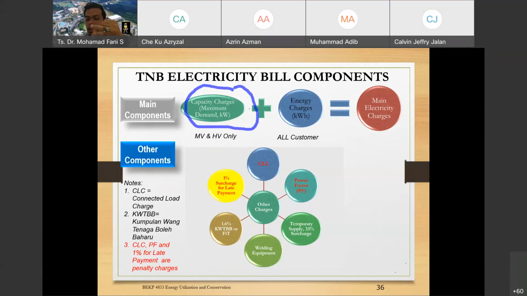From there, TNB will record the maximum demand, the peak over 30 minutes in one month. This will be charged based on a specific tariff price, reflecting the type of consumer, for example, commercial, industrial, agriculture, mining, etc. So this will be the main electricity charge, including kilowatt hour at several rates of price for the electricity charge.